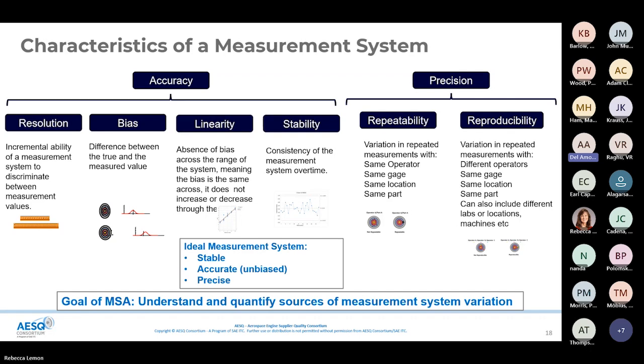Reproducibility is the variation in repeated measurements by different operators using the same gauge, location, and same parts, okay? So the takeaway is that the goal of MSA is to understand and quantify the sources of measurement system variation, okay? Next slide, please.